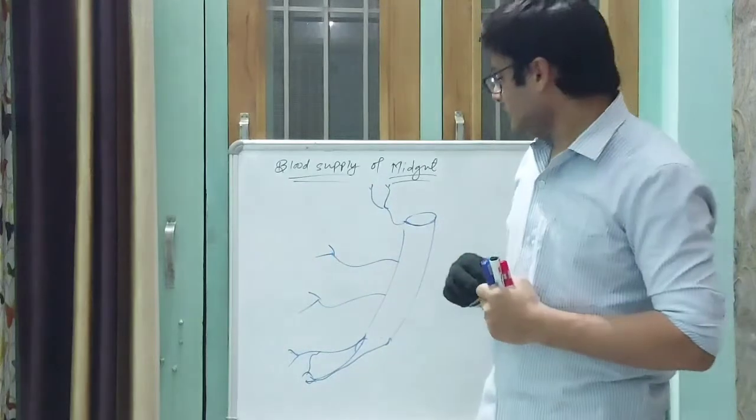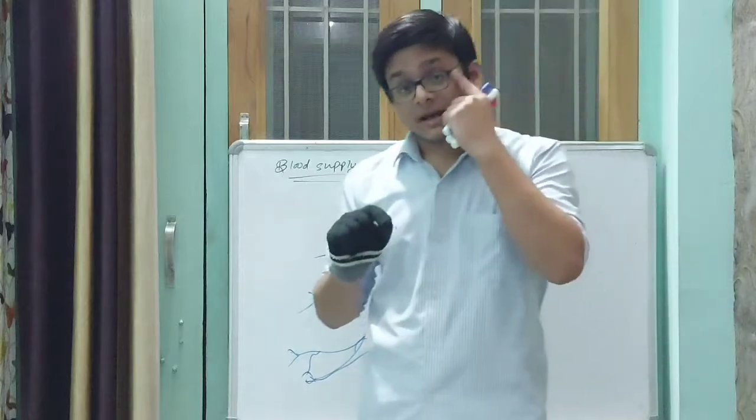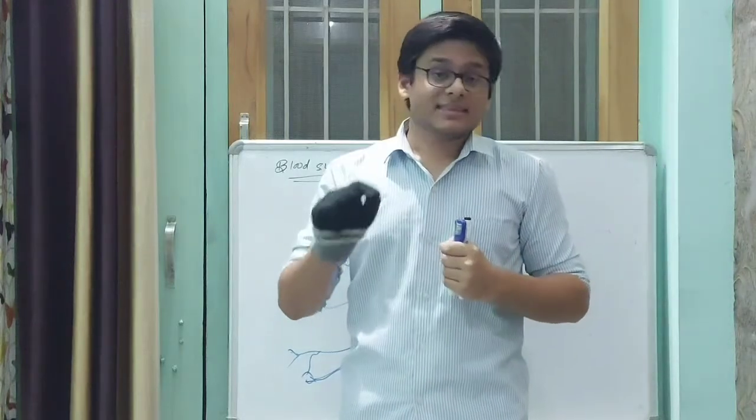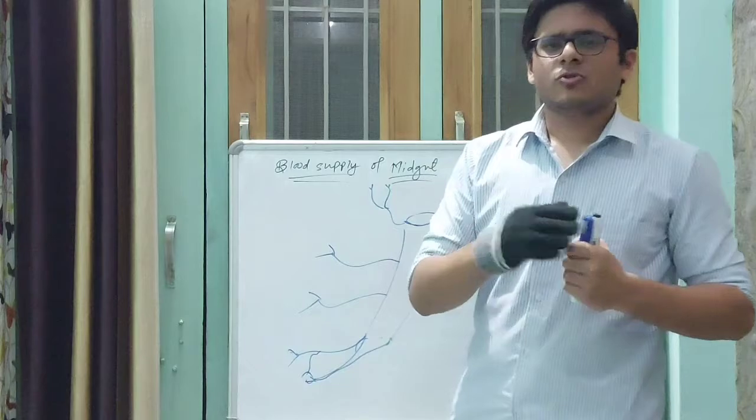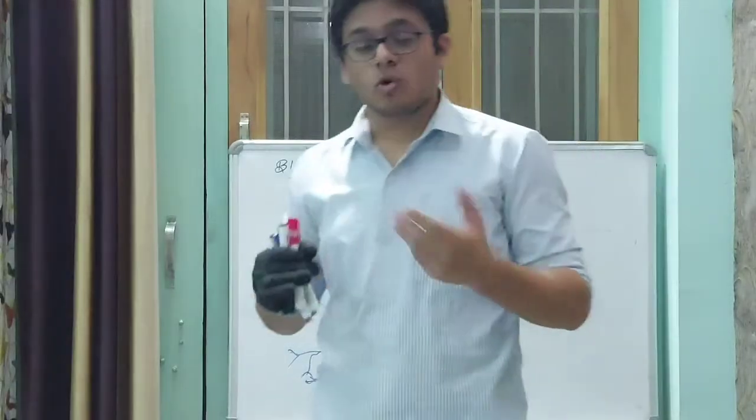This is a very important thing, that it originates from the level of L3, and the L3 vertebra lies just 3 to 4 centimeter above the bifurcation of abdominal aorta. Okay, so this is its origin.